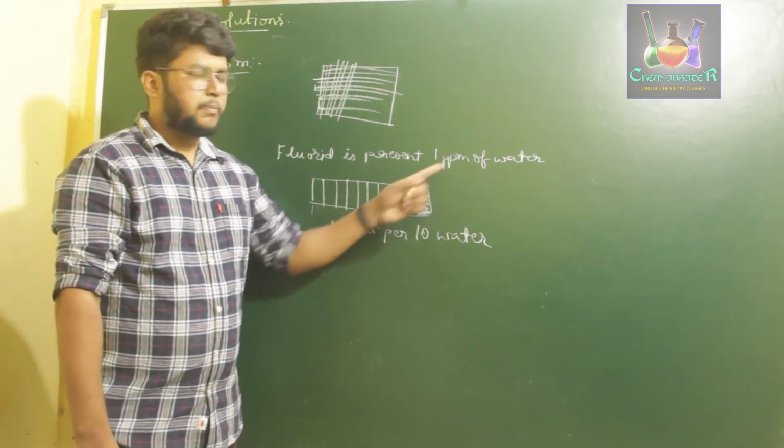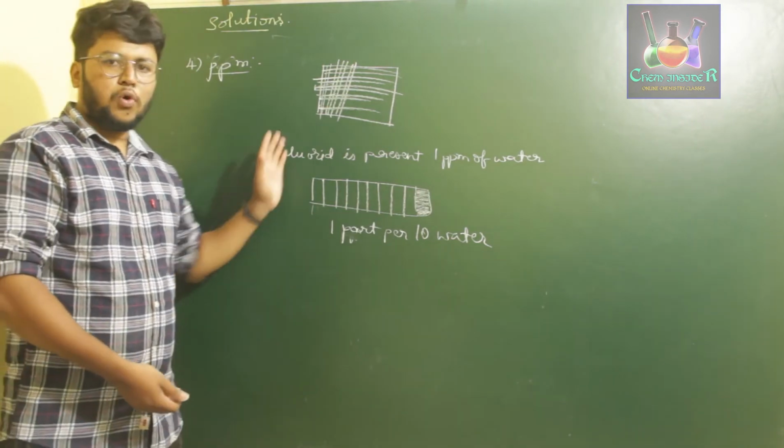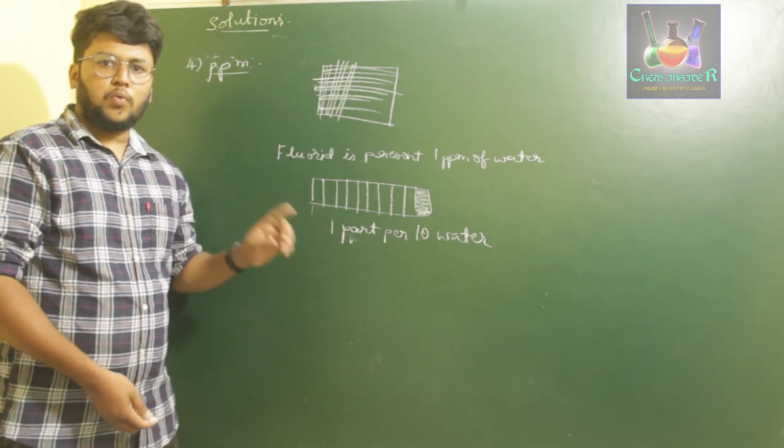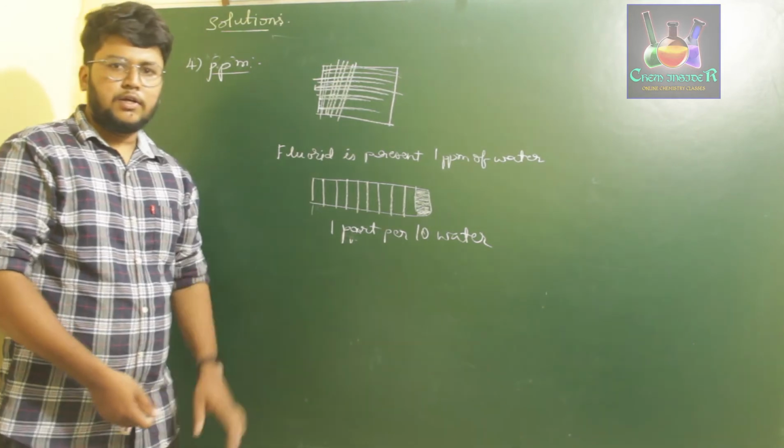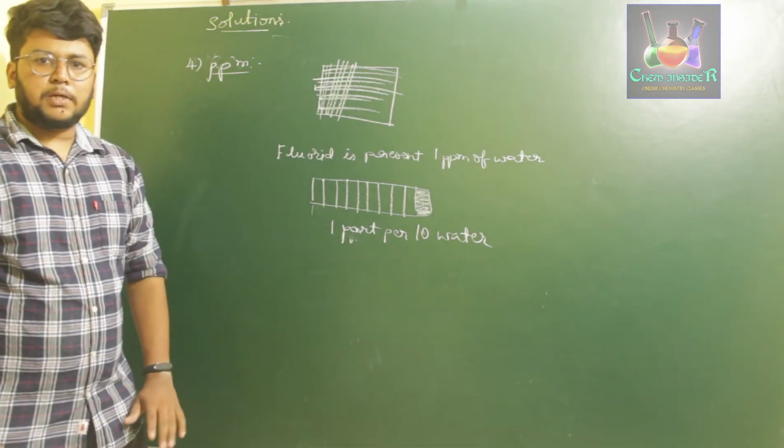Similarly, if 1 part per million means out of the whole 1 million parts of water, we have 1 part replaced by fluoride. Okay, so that is what parts per million says.